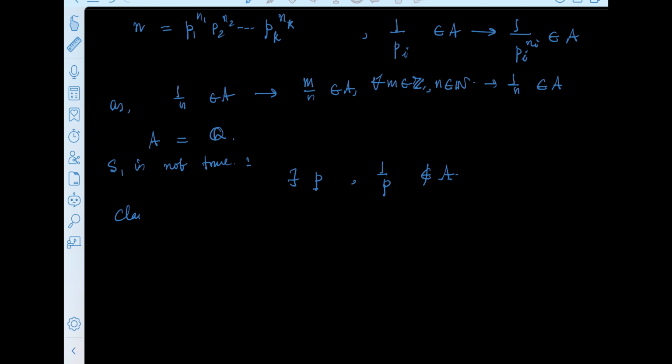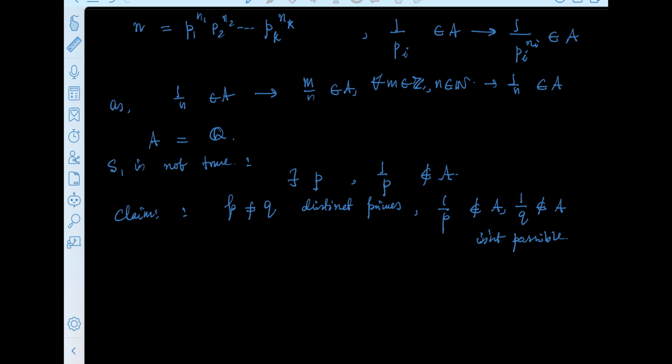So my claim is that for two distinct primes p and q, 1/p not inside A and 1/q not inside A is not possible.